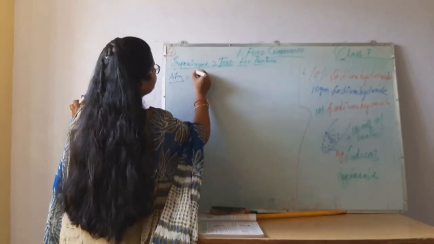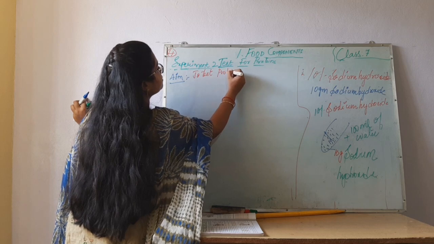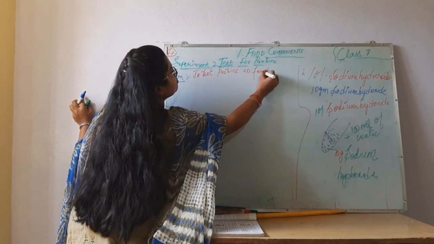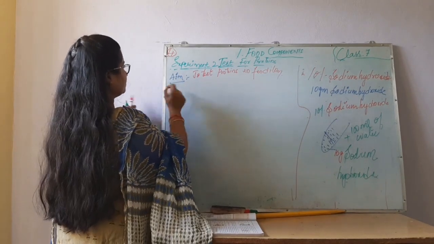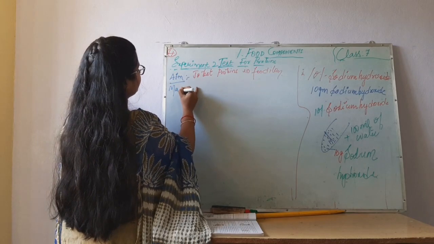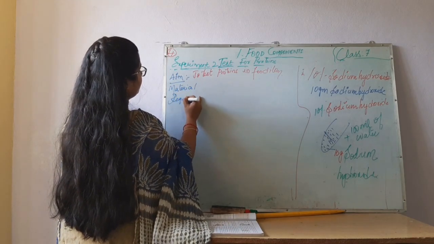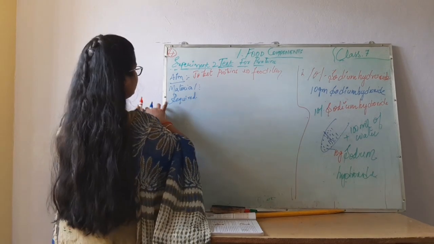So the aim is to test proteins in a food item. Next, materials required. What are the materials required?